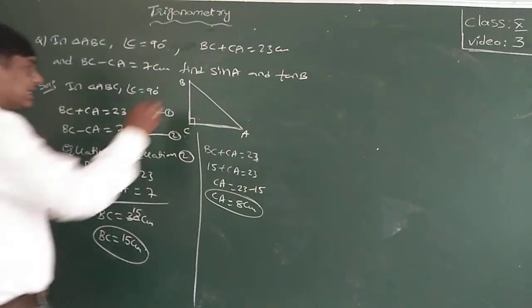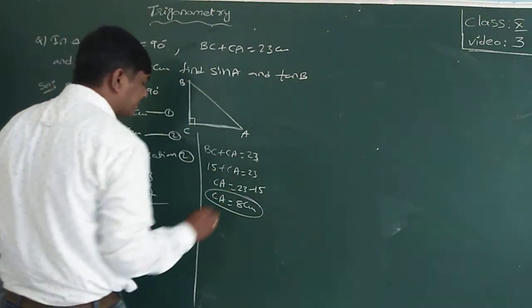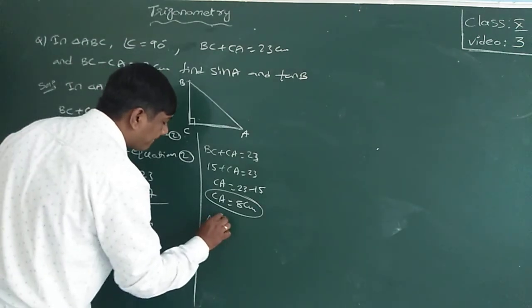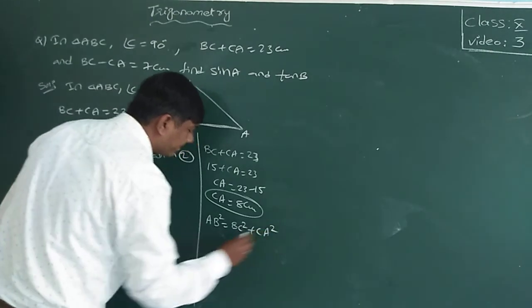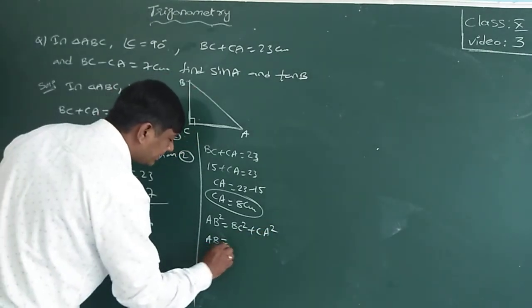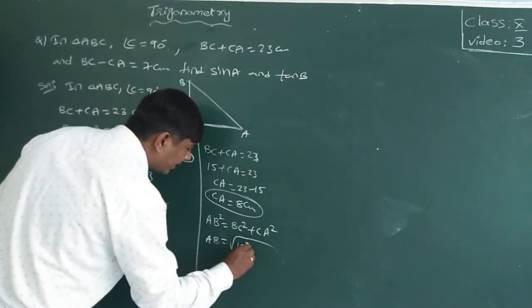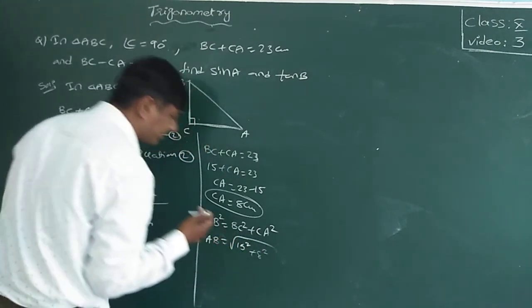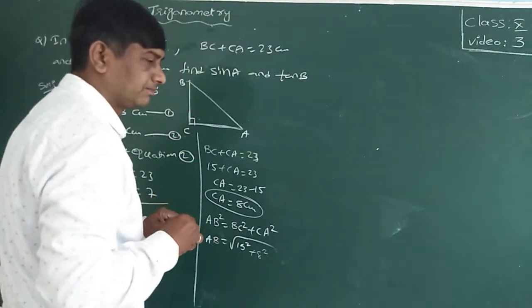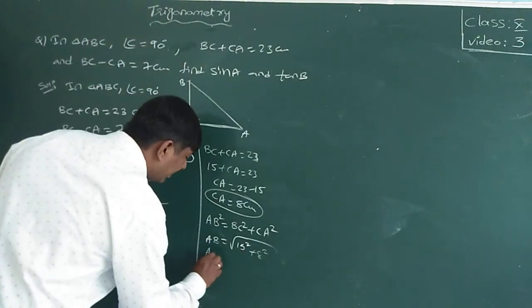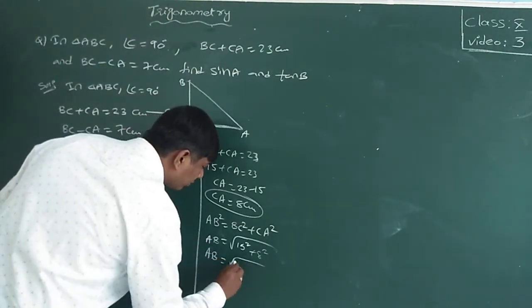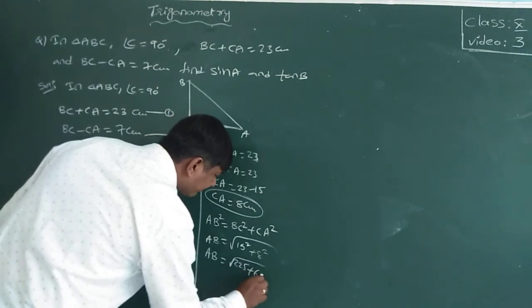Now by Pythagoras theorem, AB square is equal to BC square plus CA square. AB is equal to root of 15 square plus 8 square, which is root of 225 plus 64.